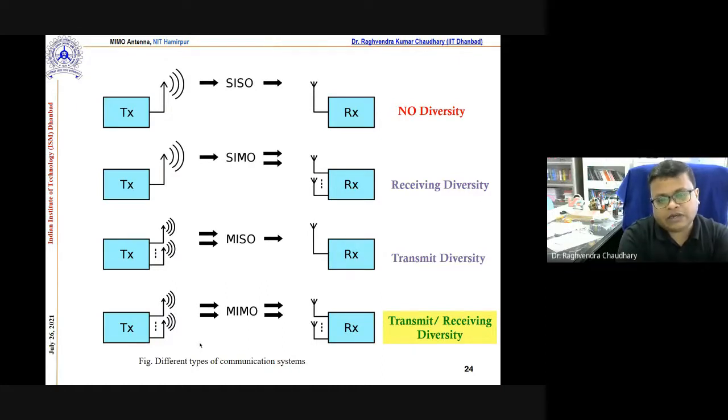Now if you see MISO, we have transmit diversity: we can send the signal from two different antennas. Correct. Finally we have MIMO, with diversity at the transmitter side as well as the receiver side.